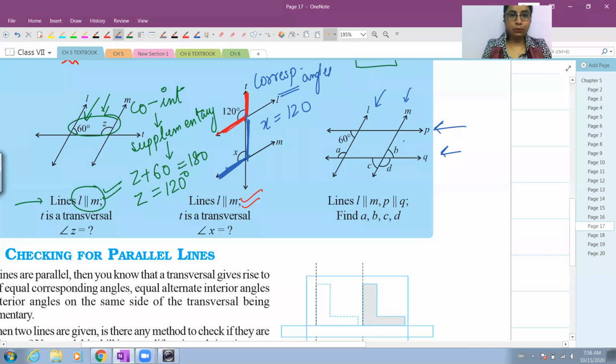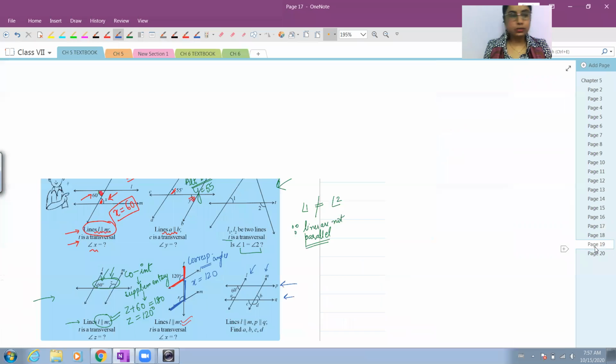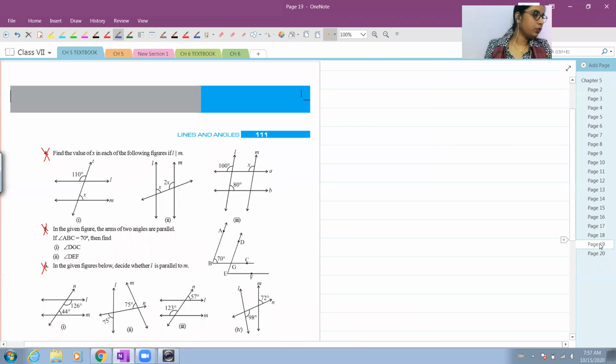Maybe at the end of the chapter, or once we are done with the syllabus, we'll come back to it. So right now, based on all these, try the ones that I discussed with you. I would like to take up the questions from the exercise, and I hope it will help you understand. Let's go to our exercise. It's on page number 110.